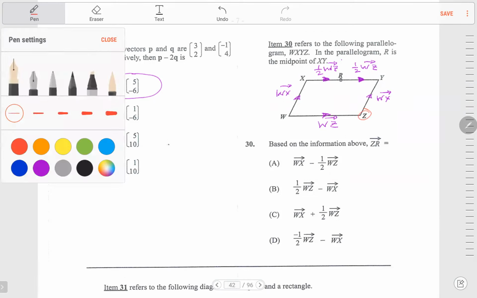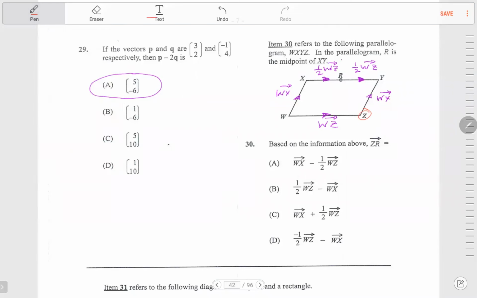Now we want to go from Z to R. To go from Z to R, we go this way, which is WX, and then go this way, which is the opposite direction to WZ, only half the way.